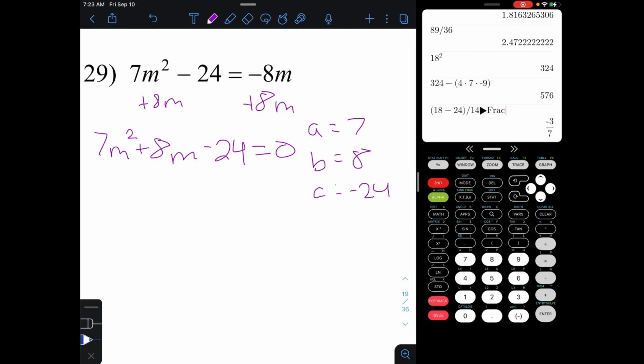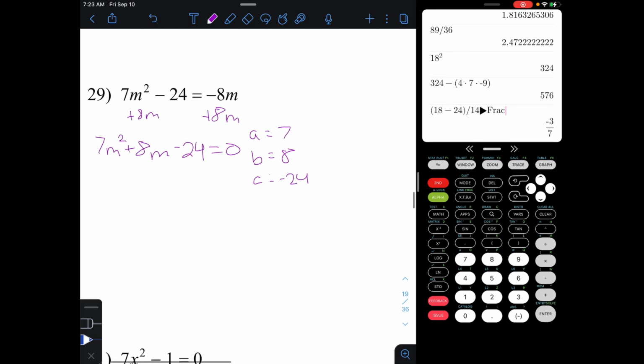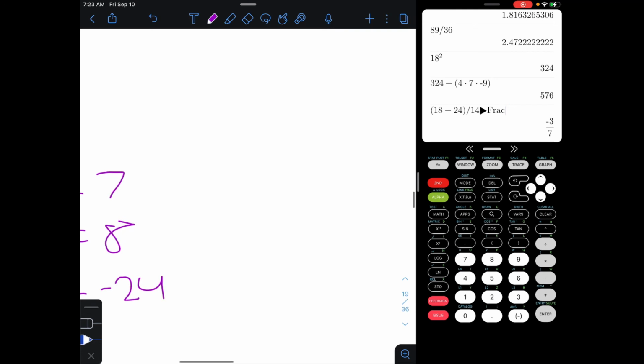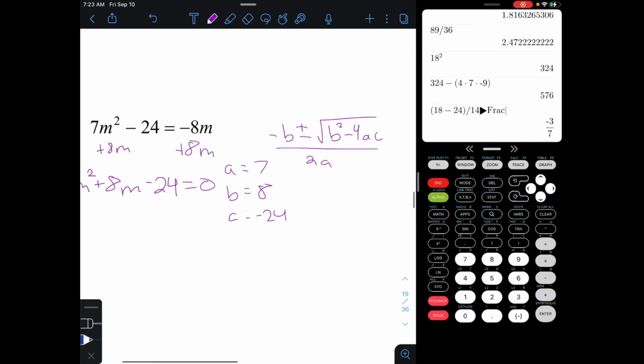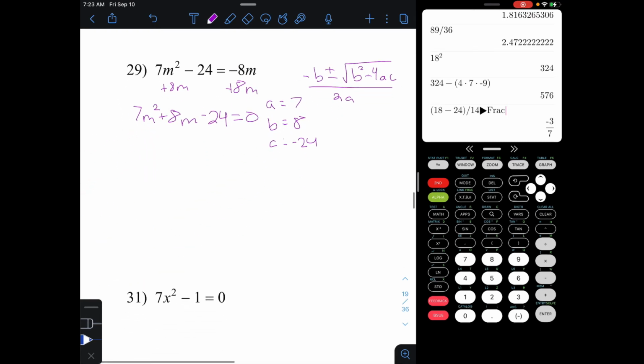This is kind of similar to what we had before. So then we're going to use the quadratic formula. I'm going to write it out again just so we have it: negative B plus or minus the square root of B squared minus 4AC, all over 2A. All right, so we're going to plug those values in.